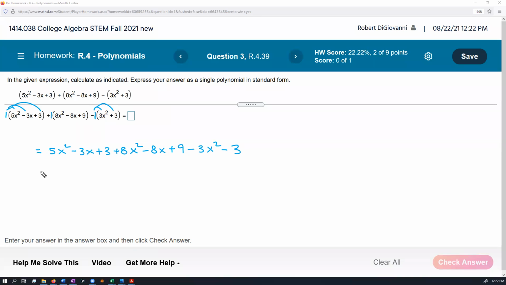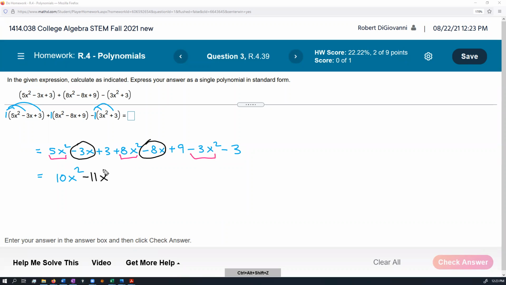So that equals that. And now combining like terms together, x squared, so I've got there, there, and there. I take 5, I add 8. That gives me 13. I take away 3, so that should give me 10x squared. And let's see, x terms, I have an x term here, x term here, I put those together, I should get -11x.